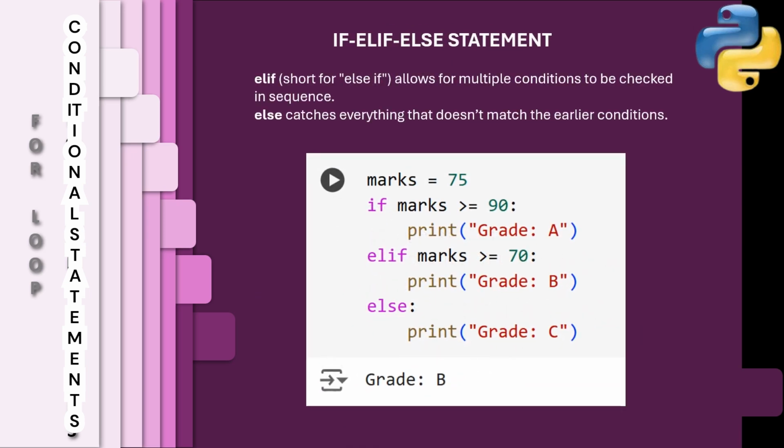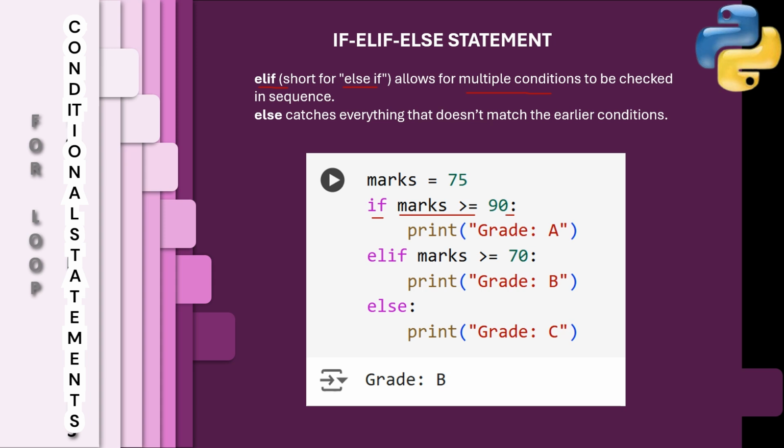The elif statement allows you to check multiple conditions in a sequence, and this elif is the short form for else if. It is used after an initial if statement and before an optional else statement. The syntax for this starts with if followed by a condition and colon.